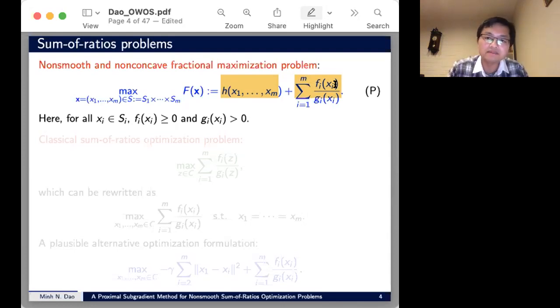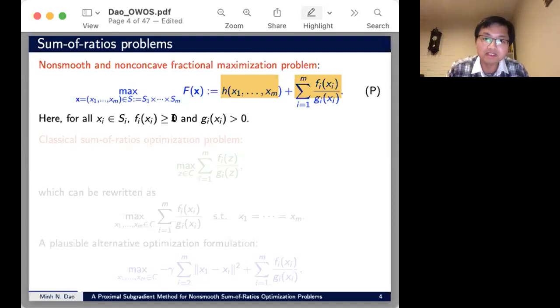We see here the ratios are separable, and the numerator is non-negative and the denominator is strictly positive.